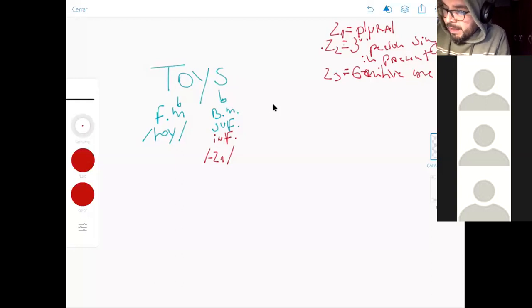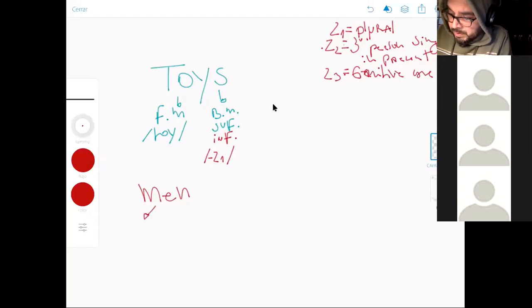Like, for example, what happens if I do this? Men, or woman. Men is an irregular plural. We know that, right? It is composed of man and then a plural. Therefore, this contains two different morphemes.